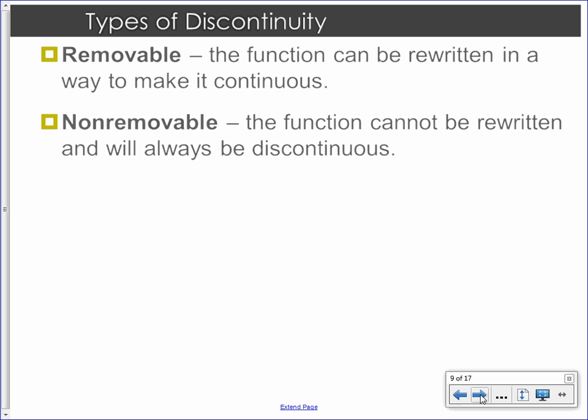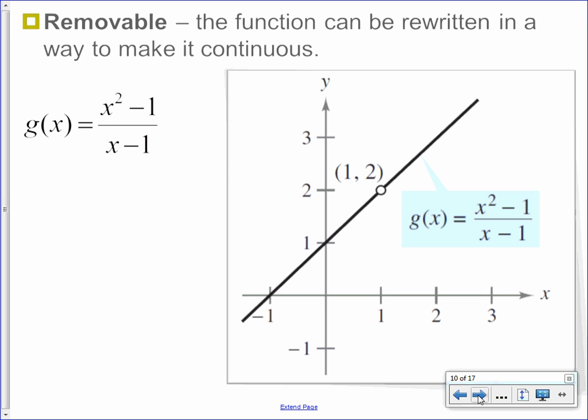So let's look at what these look like. This is a removable discontinuity because we can fill in that hole by making this a piecewise function. When x doesn't equal 1, I make that 2.